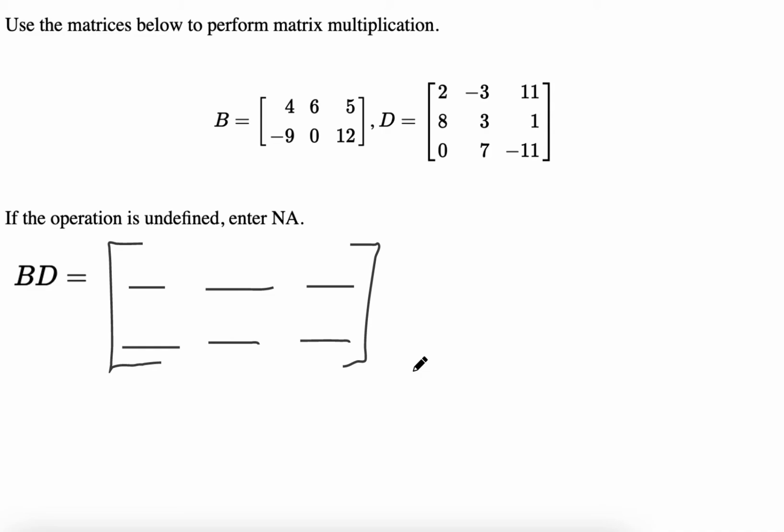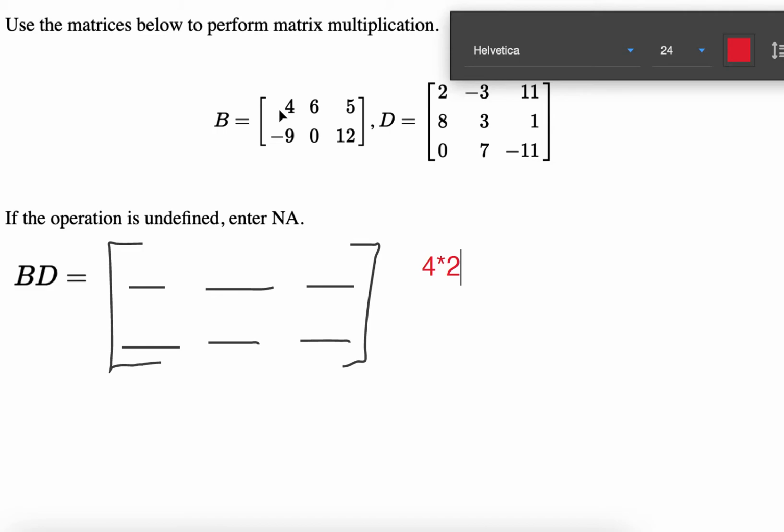Okay, so to find out what goes in the first row, first column, we're going to use the first row of matrix B and the first column of matrix D. That means we're going to be multiplying 4 times 2, the first element of the first row and first element of the first column, and then add that to the second element, 6 times 8, and then 5 times 0. Let's see, that's 8 plus 48, so that's 56. So it looks like we got 56 here.